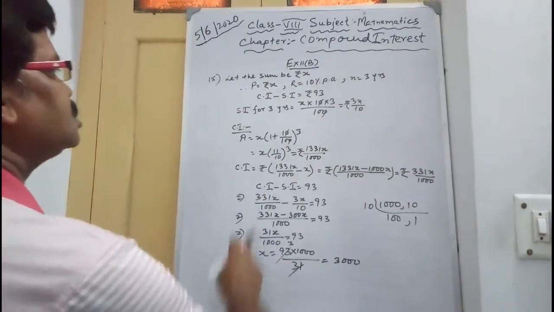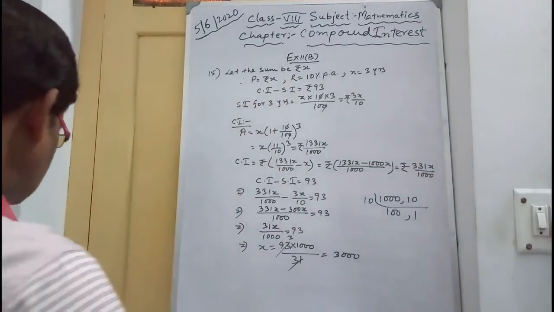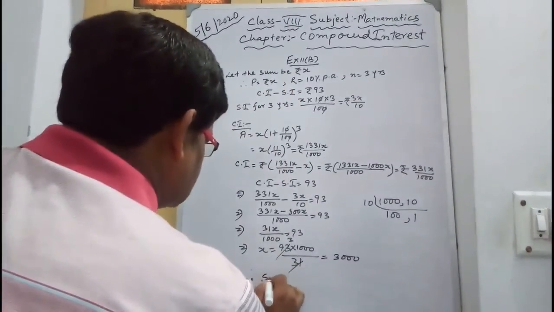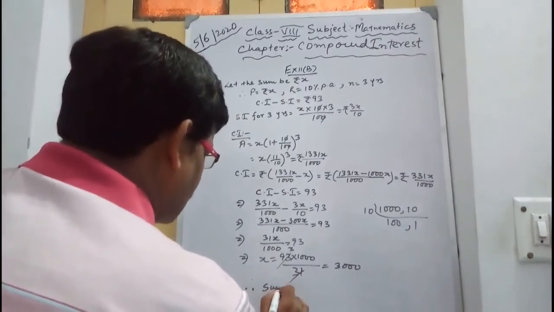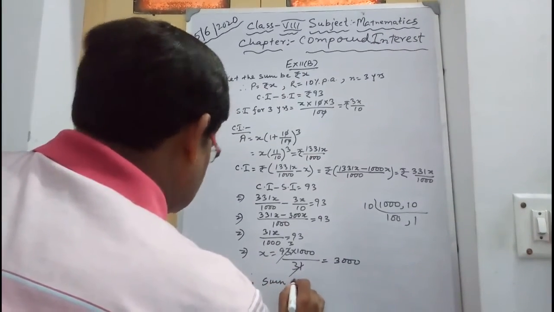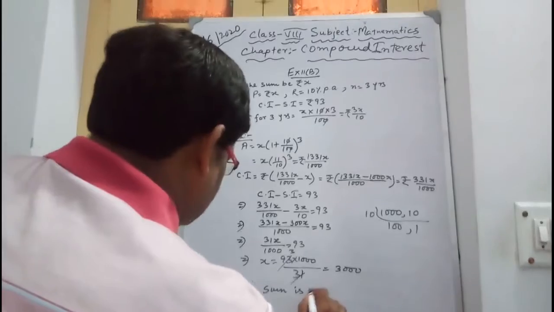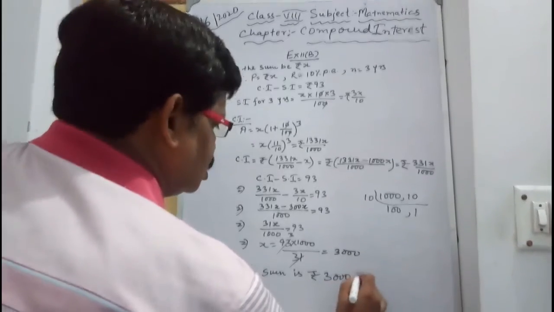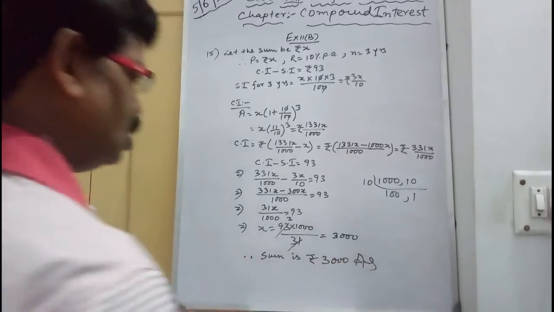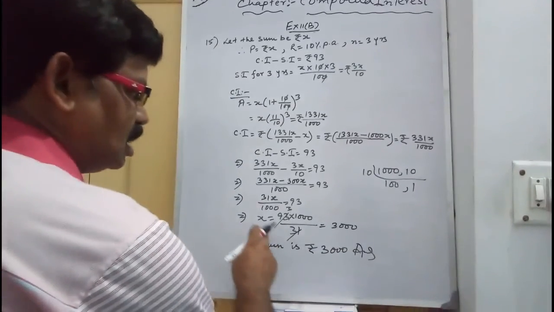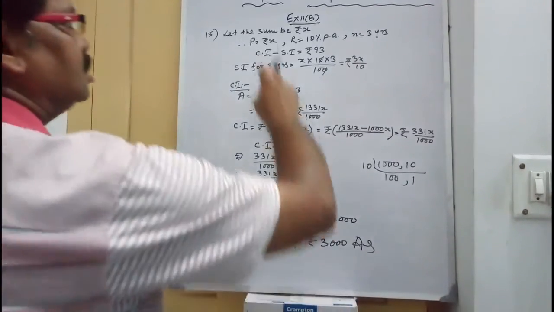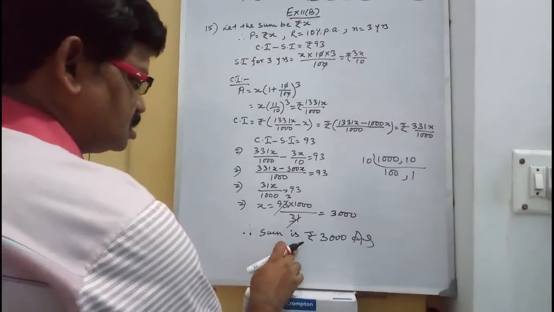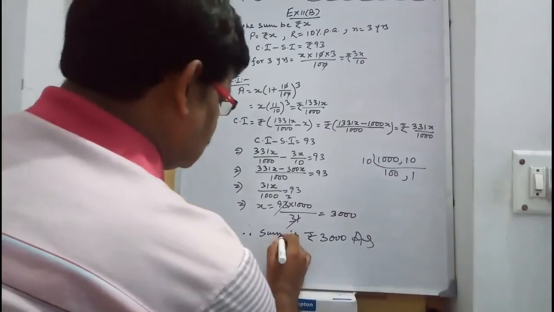So x, that is the sum, therefore the sum is rupees 3000. This one is the answer. As you have to find the sum, we got the value of x, that we take as the sum. Therefore the sum is rupees 3000.